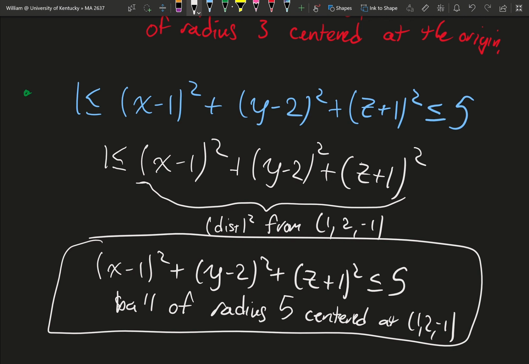Another way of thinking about this first inequality is it's not the ball of radius 1 centered at 1, 2, -1.